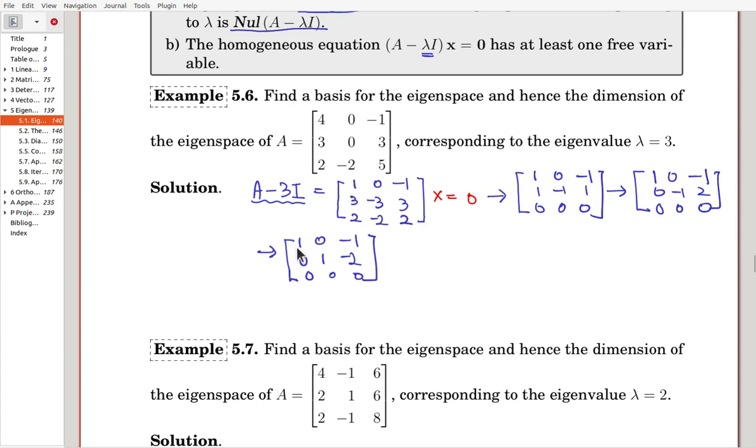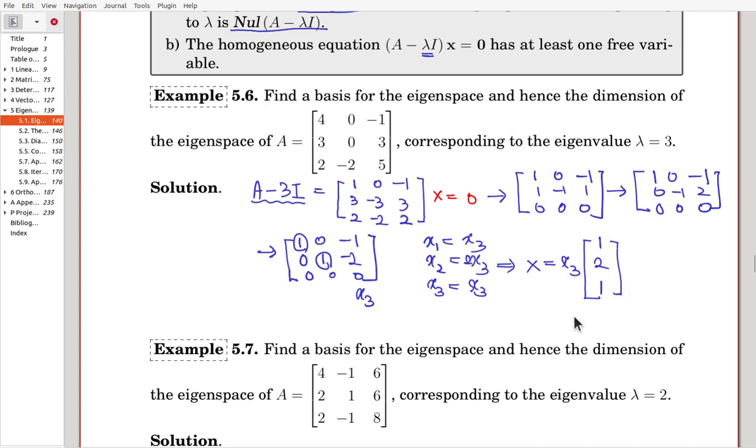Now this is the reduced echelon form, and x3 is a free variable. So here x1 equals x3, x2 equals 2x3, and x3 is a free variable, which means x is x3 times (1, 2, 1).